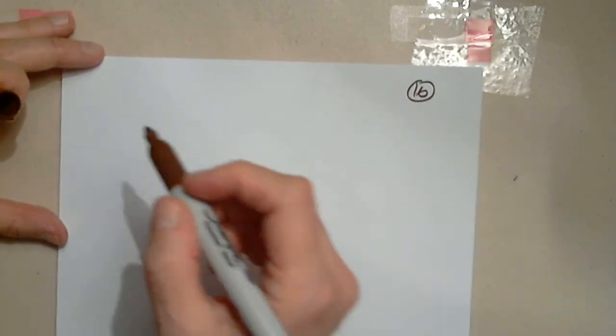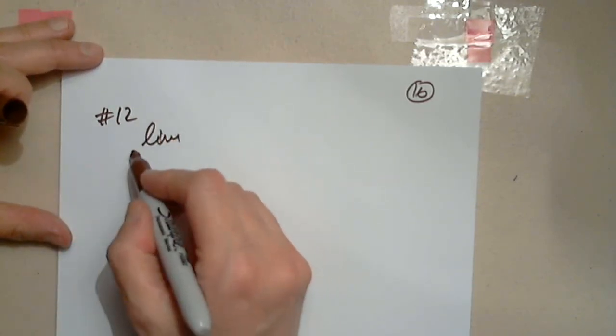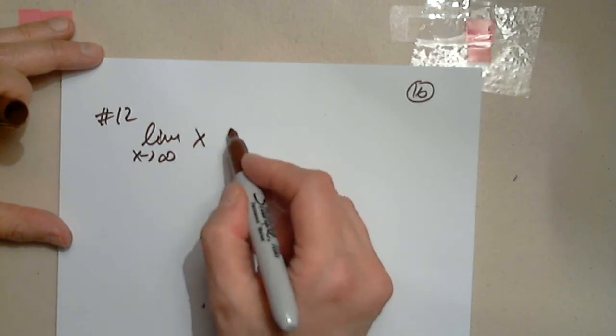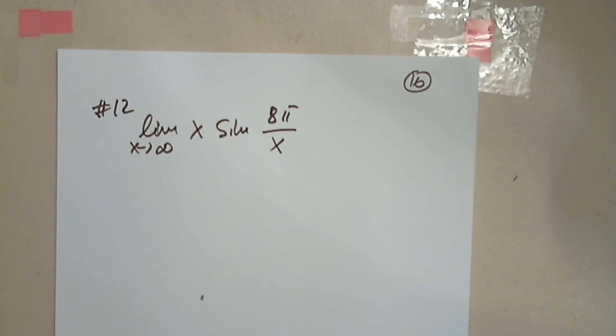So we have 12 from Weber-Sine. We have the limit as x approaches infinity of x sine 8 pi over x.